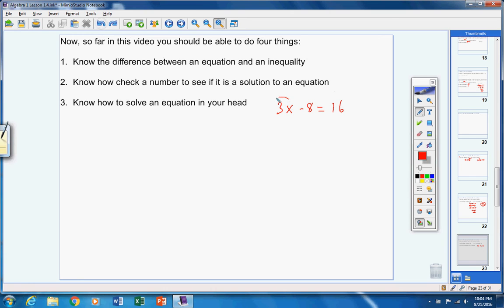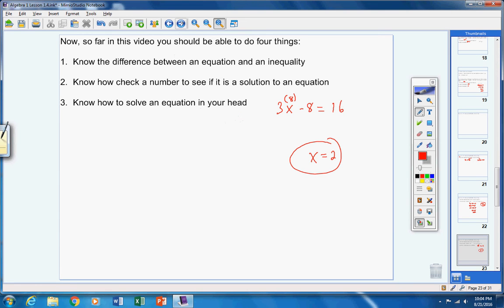So then, something minus 8 equals 16, wouldn't that be 24? 24 minus 8 is 16, so 3x has to equal 24. If 3x has to equal 24, then that means x has to be 8, because 3 times 8 is 24. So there's your answer. You should be able to do that, okay?